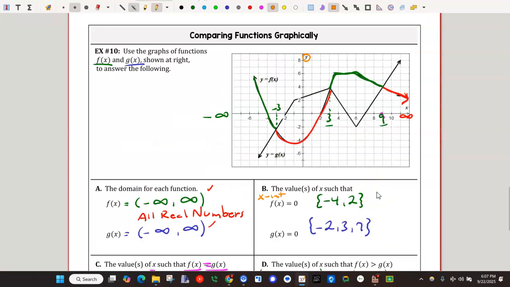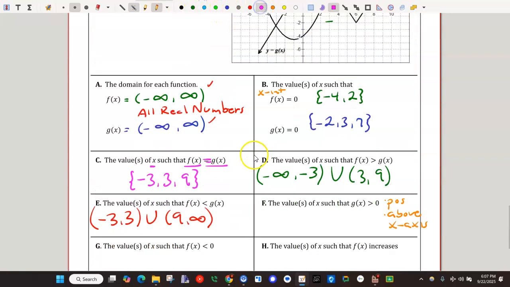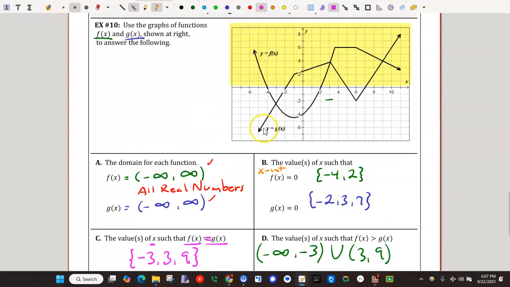All right, so I'm going to take this off once again and look at where is it positive. So I'm going to highlight, yellow, yeah. So positive is right here, above the x-axis. And we're asking, where is, let's do red, or let's go pink. Where is, let's see, g of x. So make sure you pick the right function. So that's this one down here. So right here, from here, here, that's all positive.